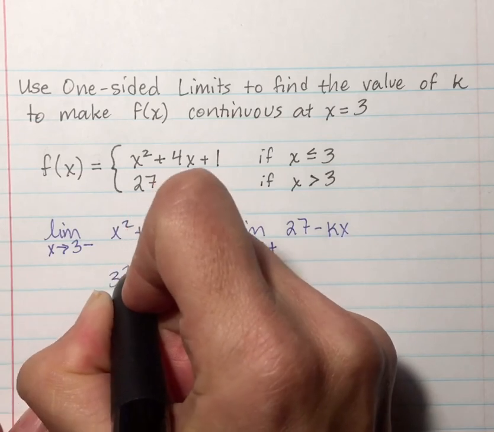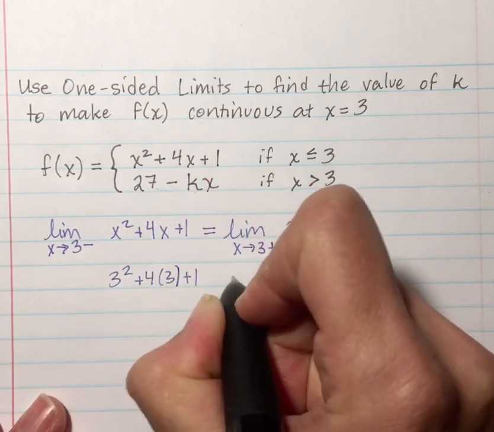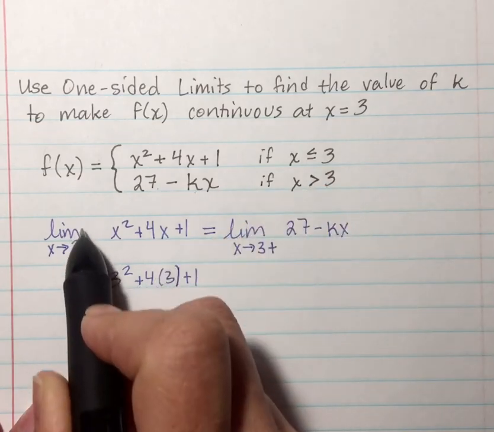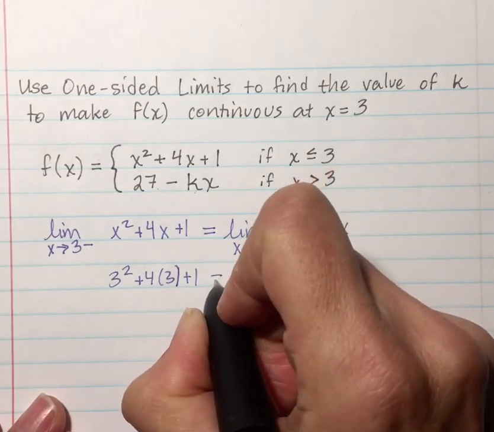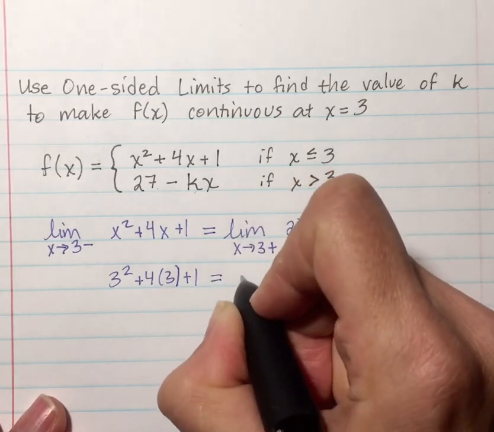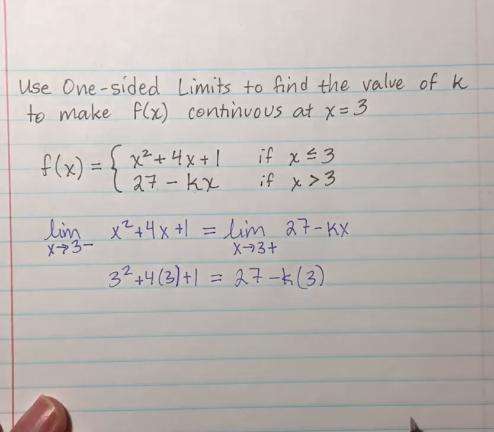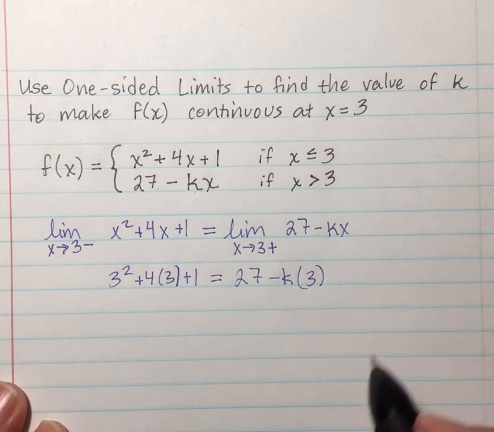I have my 3 squared plus 4 times 3 plus 1. Since I've plugged in my value of x, that's the moment I drop my limit notation, so that's why it's not there anymore. That equals 27 minus k times 3. From here, it's just a straight solve for k, no big deal.